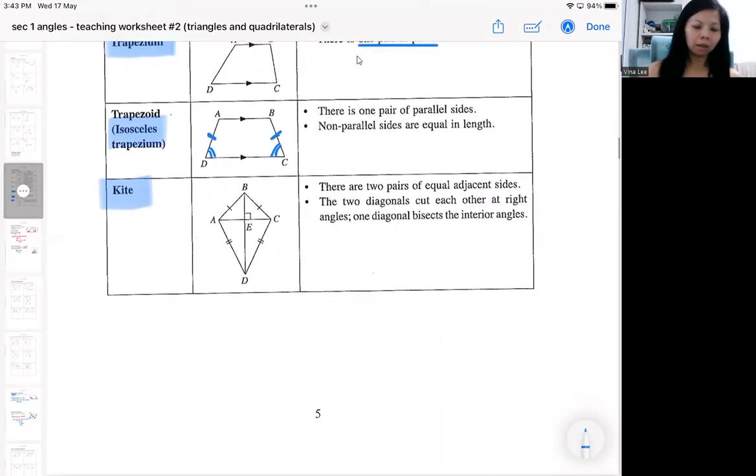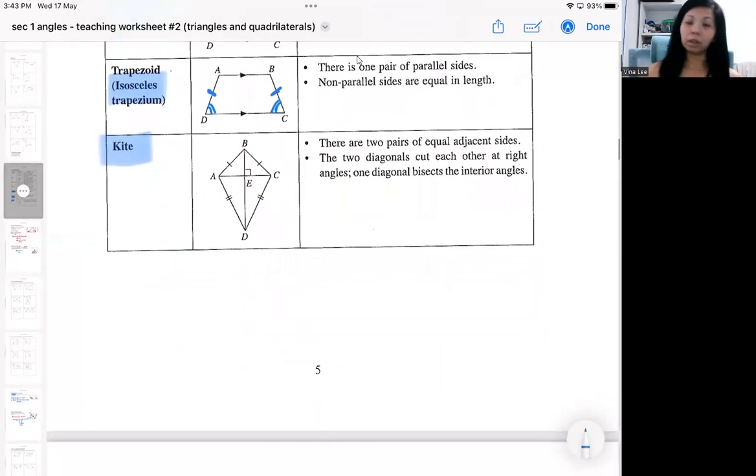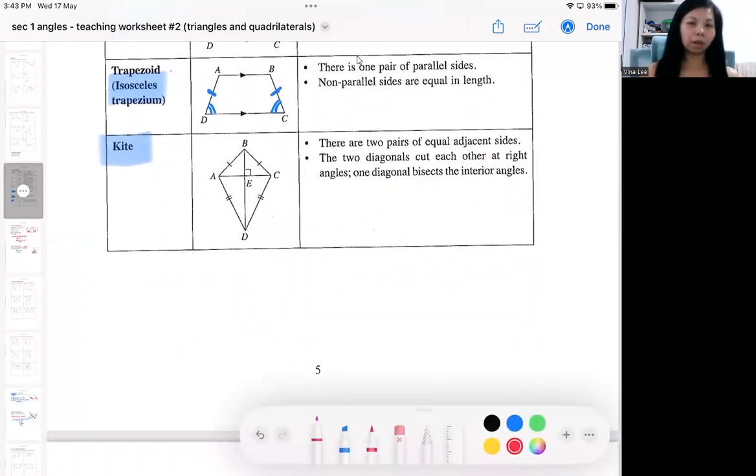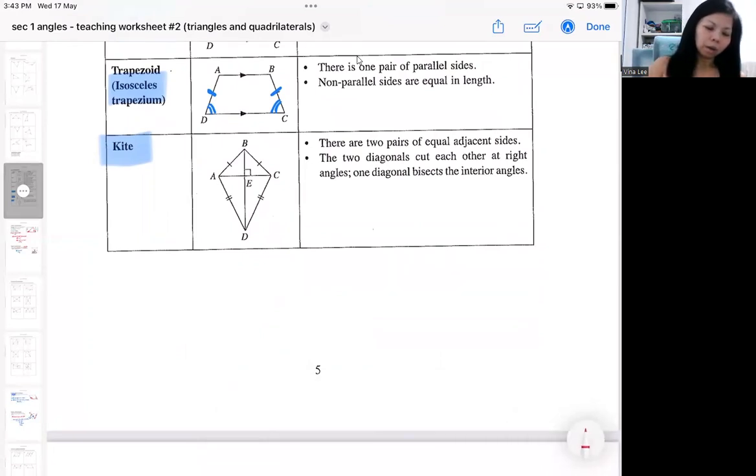Kite is a very interesting shape. All of you can visualize how a kite looks like. First of all, I would like you to know that a kite is two isosceles triangles. This is one isosceles triangle, so the two base angles here are the same.